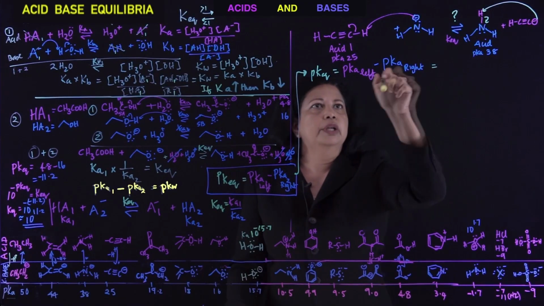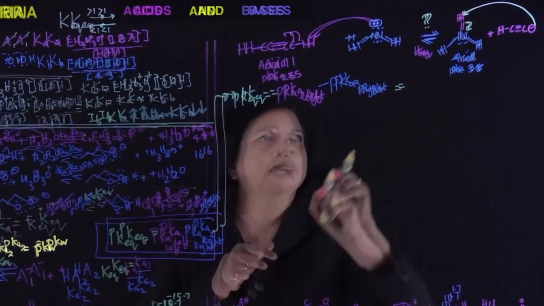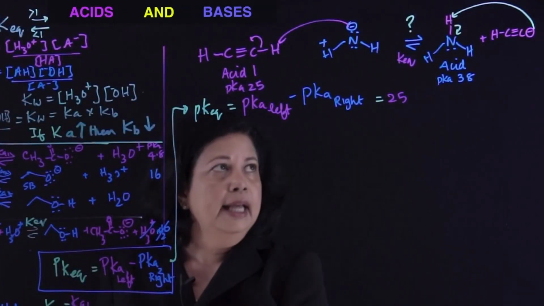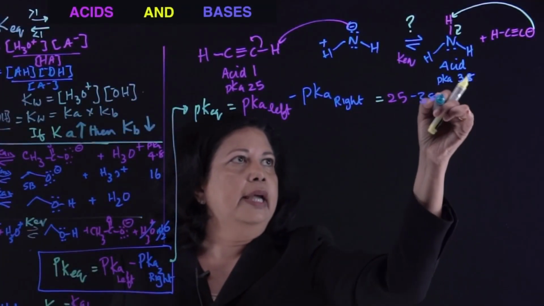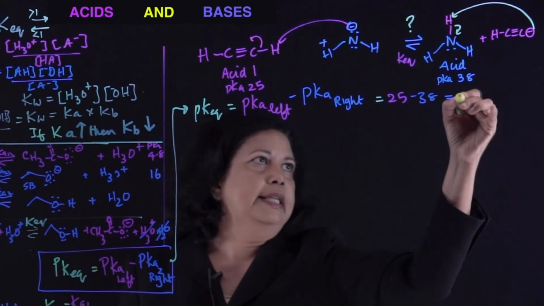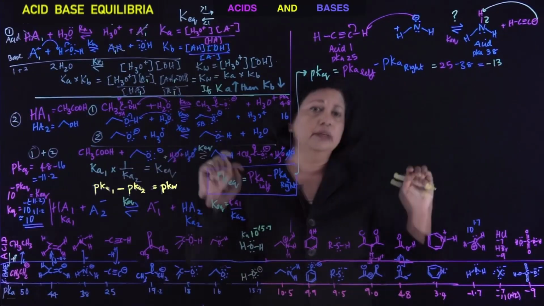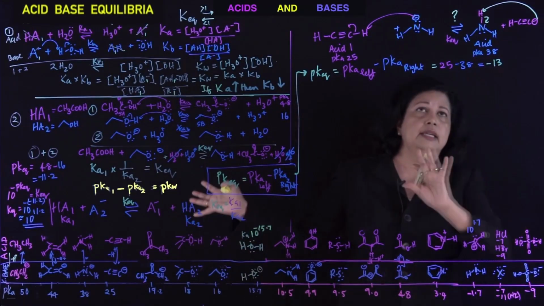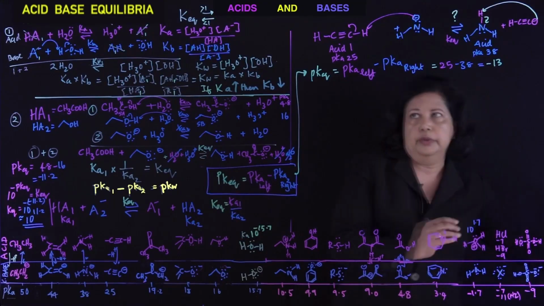So here this is going to be 25 minus 38, and that's going to give you a negative 13, which is, as we found out, a good thing in this case, because the equilibrium is then going to go to the right. Why?